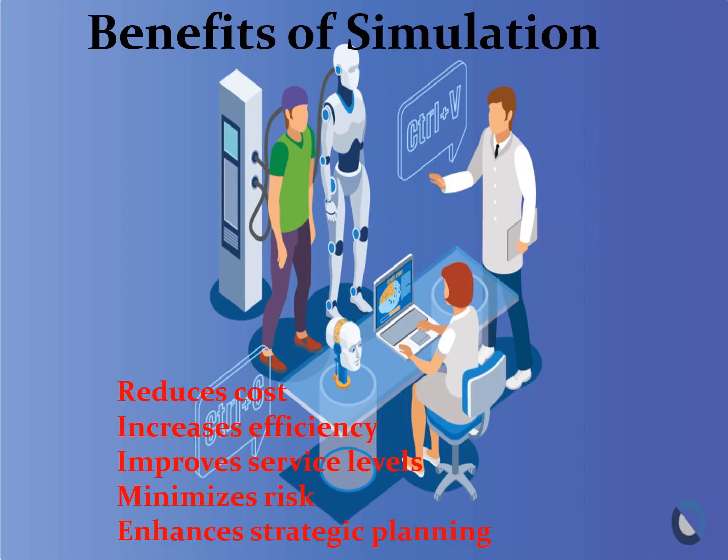After knowing the application of simulation modeling in different areas and industries, now let's identify the benefits of simulation modeling. It helps in reducing cost, increasing efficiency, improving service levels, minimizing risks and enhancing strategic planning.